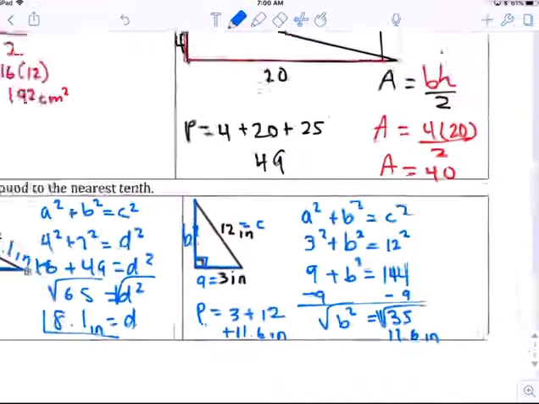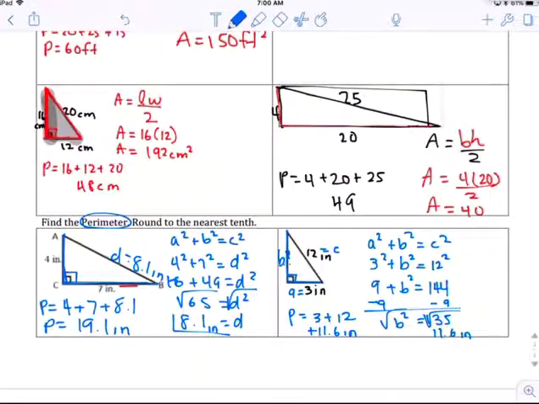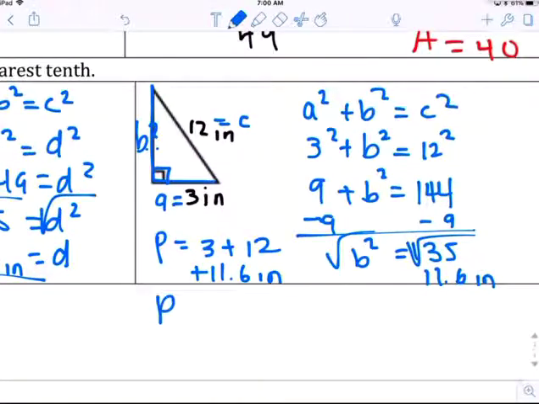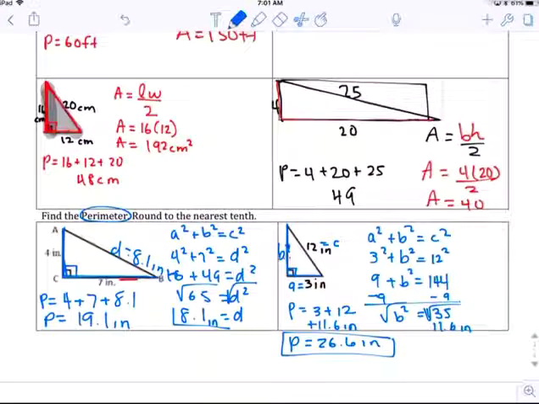And now we can find the perimeter, we didn't ask for the area. Perimeter equals 23.6. That's it.